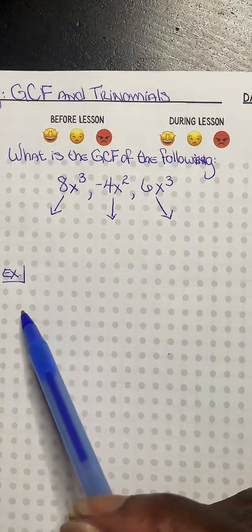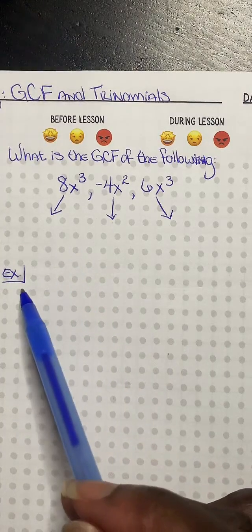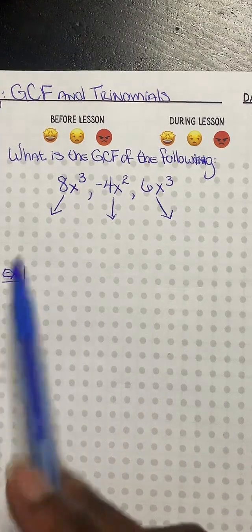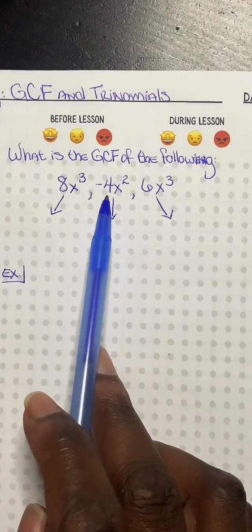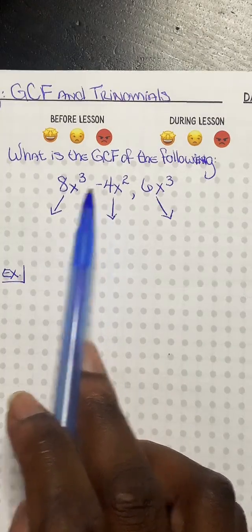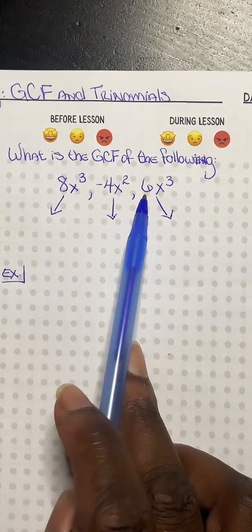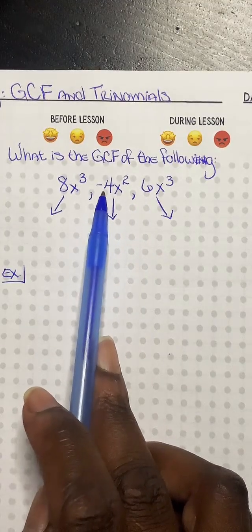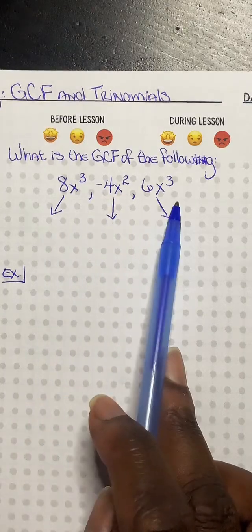But no. The reason I'm saying no is because this 4 has a negative. The other numbers do not have a negative. Because that negative is there, it's throwing everything off.